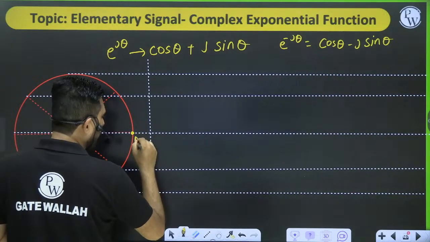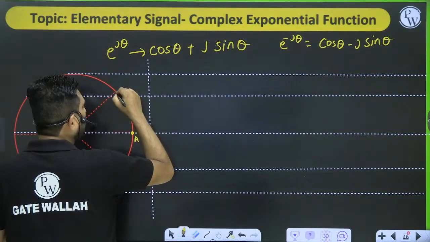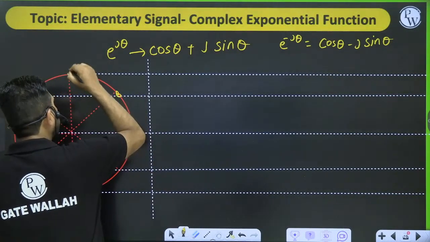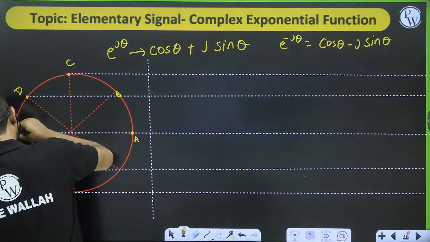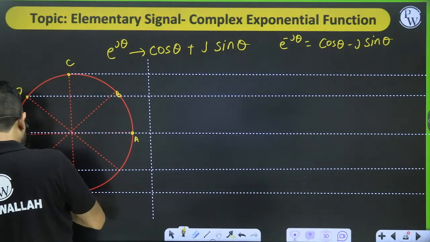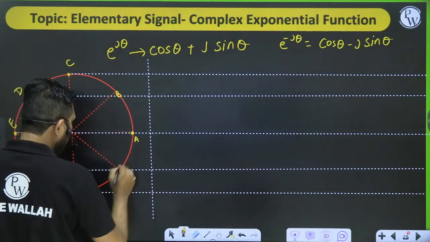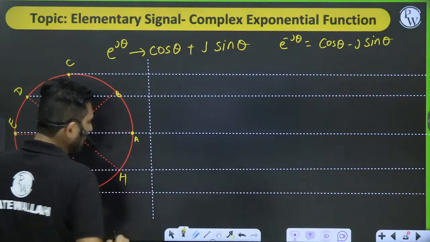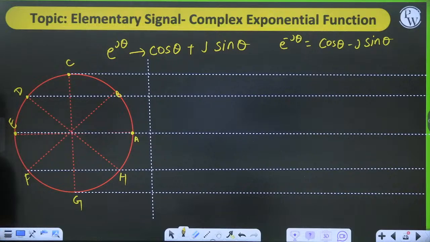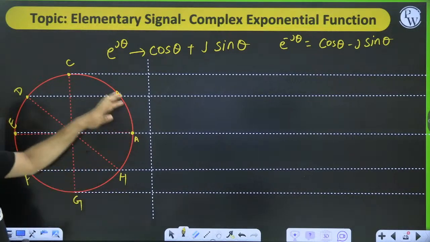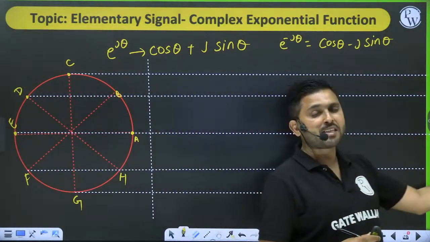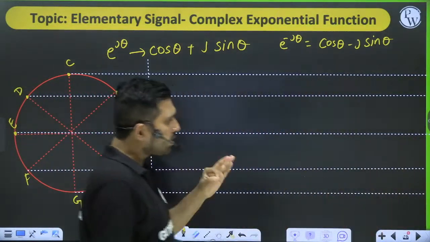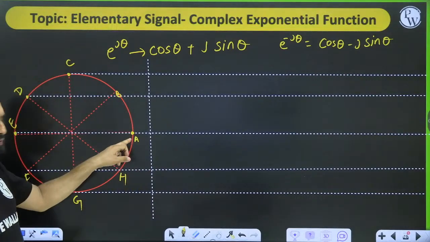Let's mark this as A, this as B, this as C, this as D, this as E, this as F, this as G, and this as H, and then go back to A. If there is a runner running on the circular motion, and this circular motion is projected into linear motion, then what will you project? I start from A here.